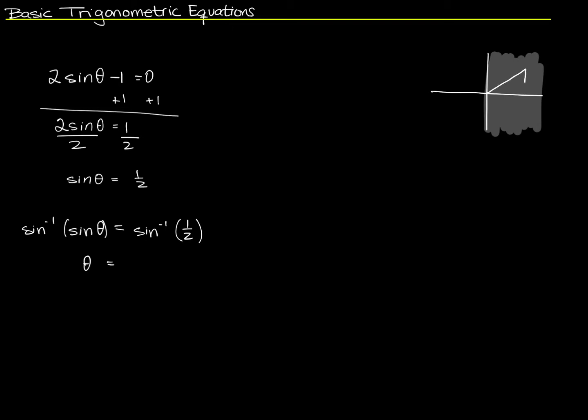Let's go to quadrant 1 first and recognize that the angle whose sine is 1/2 is the angle whose opposite is 1 and whose hypotenuse is 2. And there's certainly one of these in quadrant 1. Is there one in quadrant 4? Well, no, because there, my opposite would be negative 1. So I'm not going to get another solution for this equation in quadrant 4.